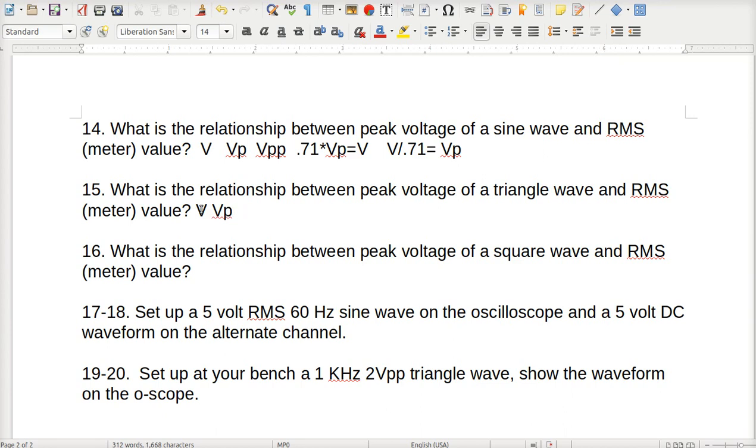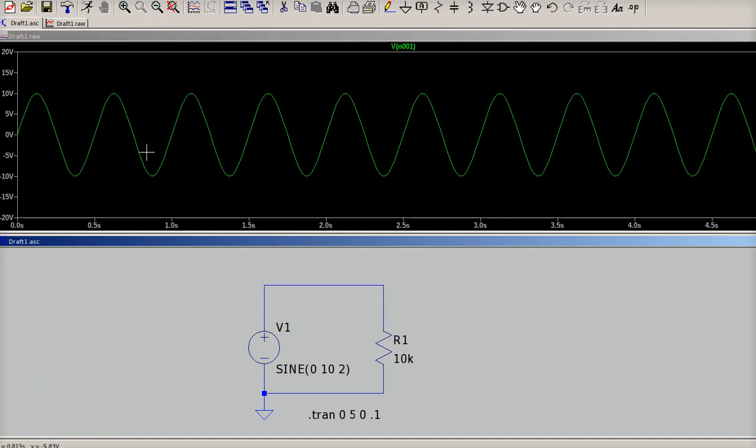And I can still talk about my VPP, which is the peak-to-peak value of my triangle wave. But if I have a triangle wave instead of a sine wave, what you would see is it's not as rounded, it's more pointed, there's a little bit less. So then what would my root mean square average be?